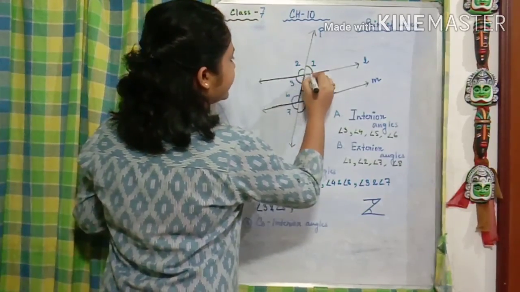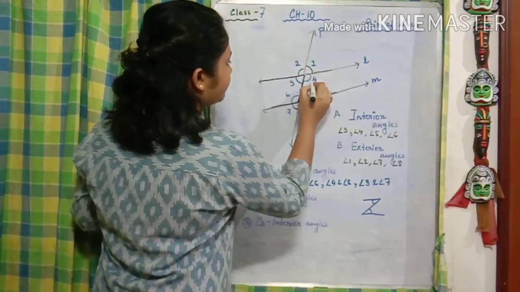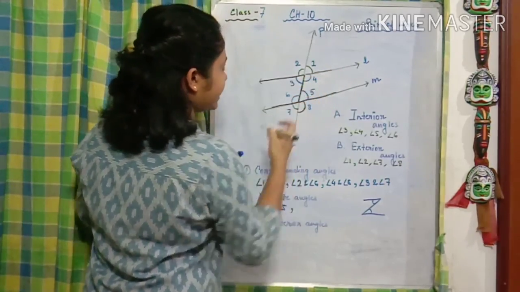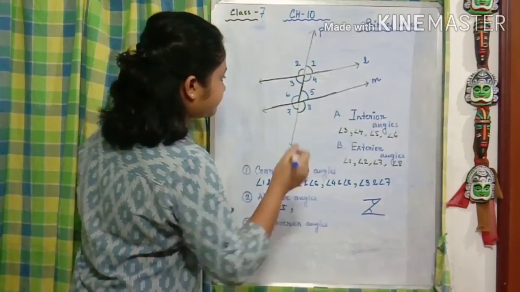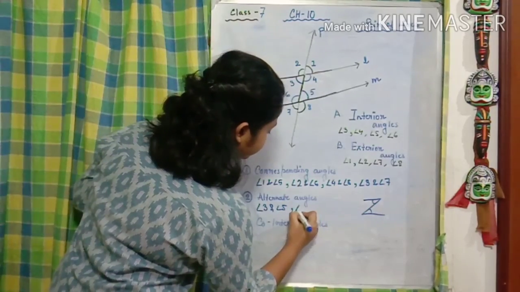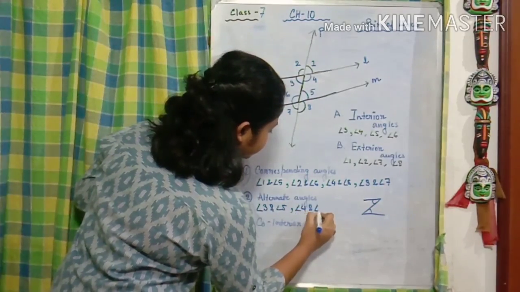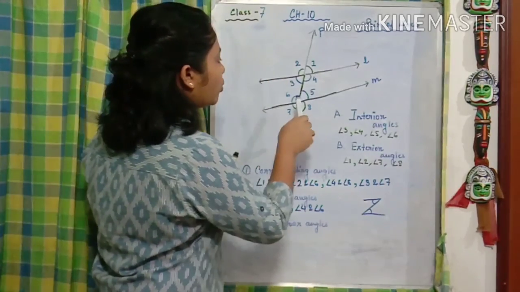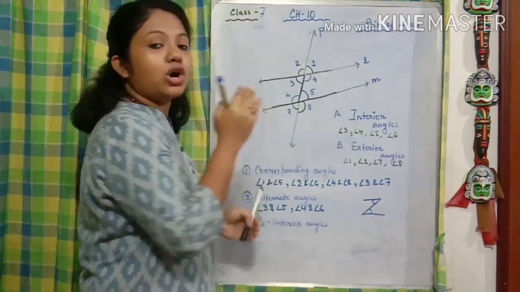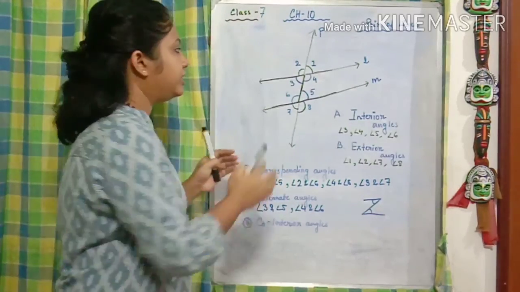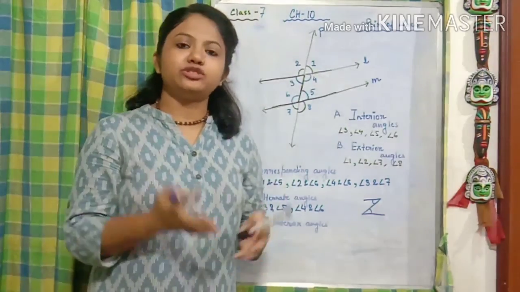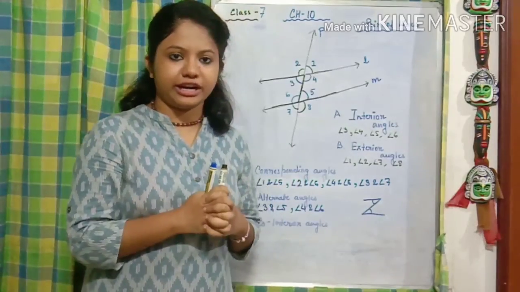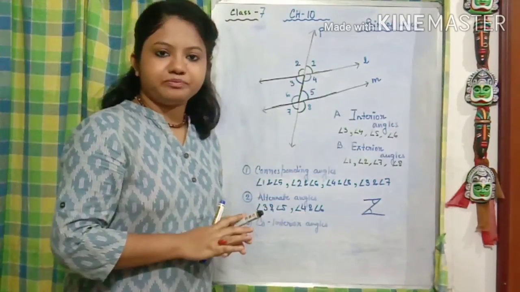So from this Z, what we are going to find? Angle 4 and angle 6. Okay. By this way, we are going to find which are the alternate angles, and there you can find many types of or many pairs of alternate angle in one figure.